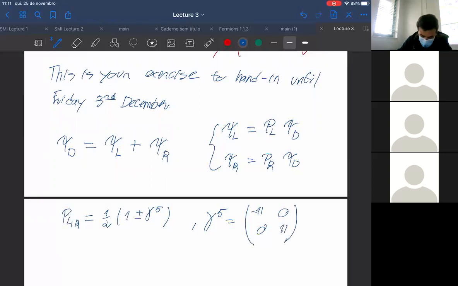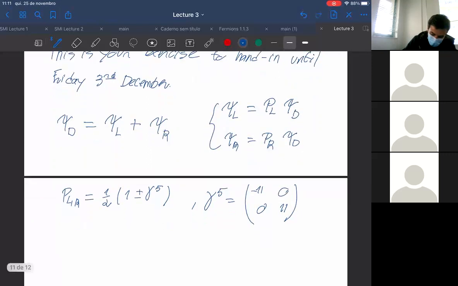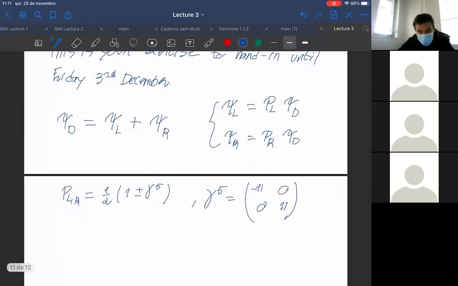This is clearly to make the left Weyl spinor the upper component of the Dirac spinor and the right one the bottom one.